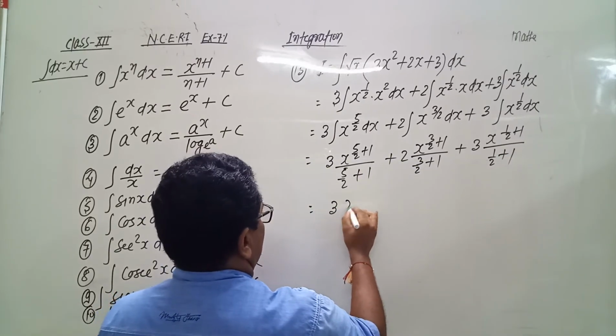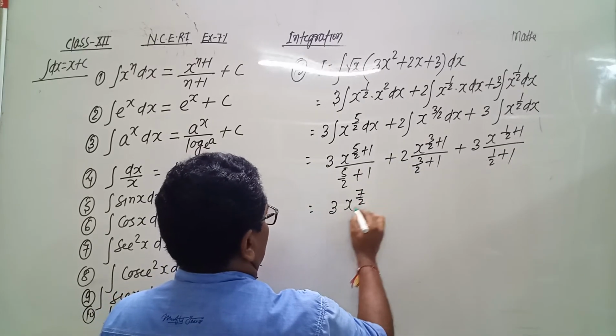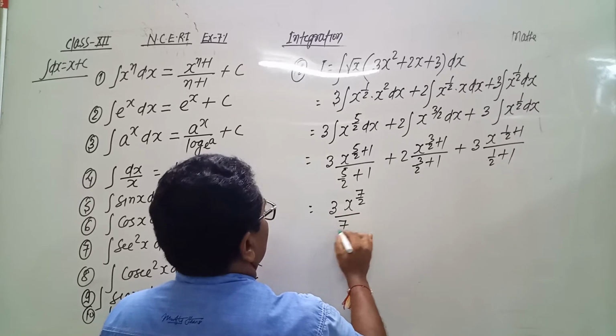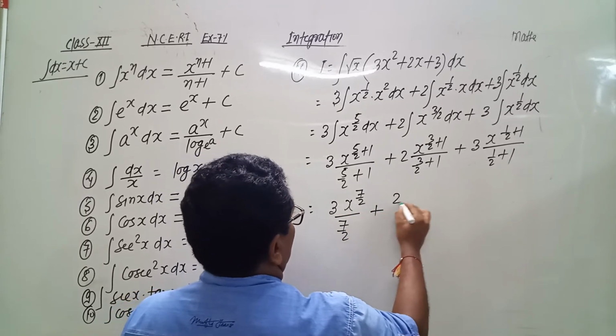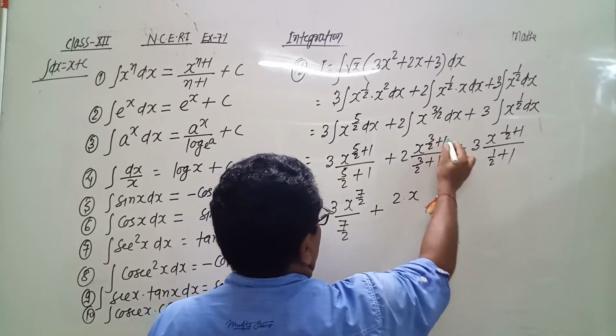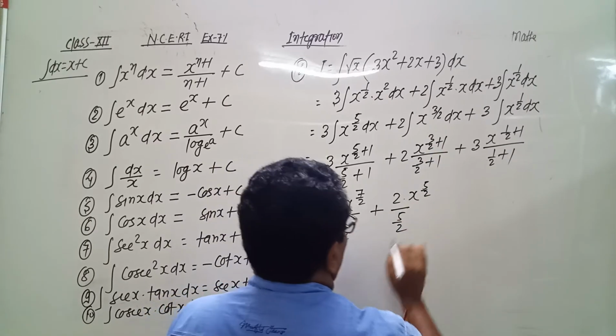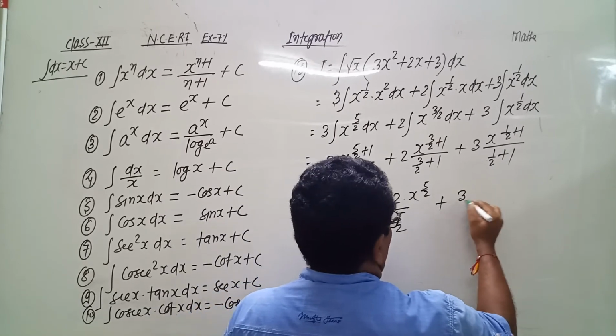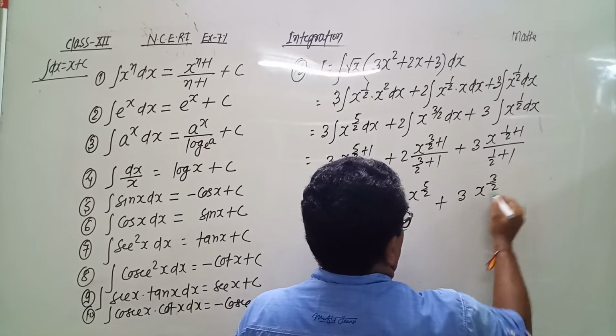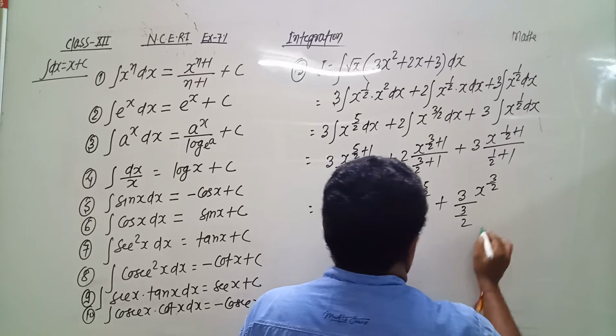So we get 3 into x raised to the power 7 by 2 upon 7 by 2, plus 2 into x raised to the power 5 by 2 upon 5 by 2, plus 3 x raised to the power 3 by 2 upon 3 by 2.